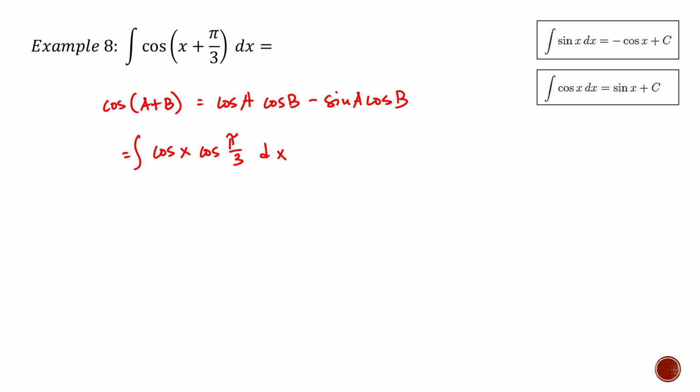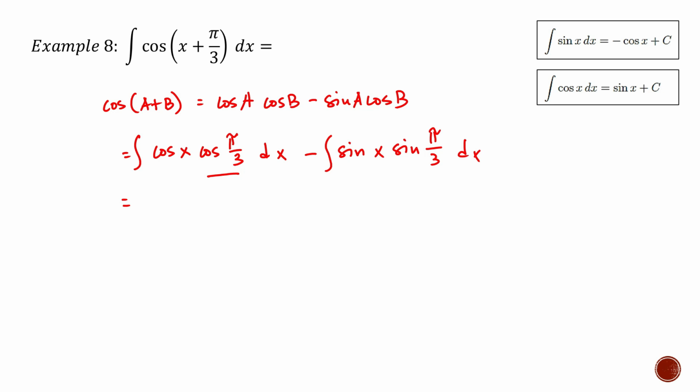dx minus sine x sine pi over 3 dx. All right, cosine pi over 3 has an exact value, so you got to think about that.